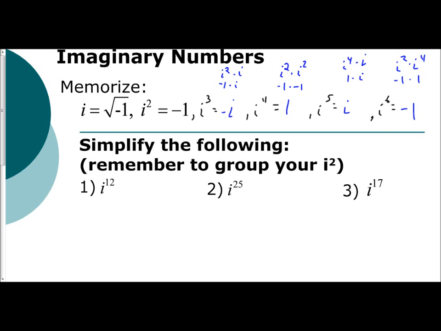And I want you to take a look. The first power is i. i raised to the second power is negative 1. To the third power is negative i. To the fourth power is 1. Then you start to see i again, and then negative 1 again. And what you start to see is the pattern repeats in a cycle of 4.